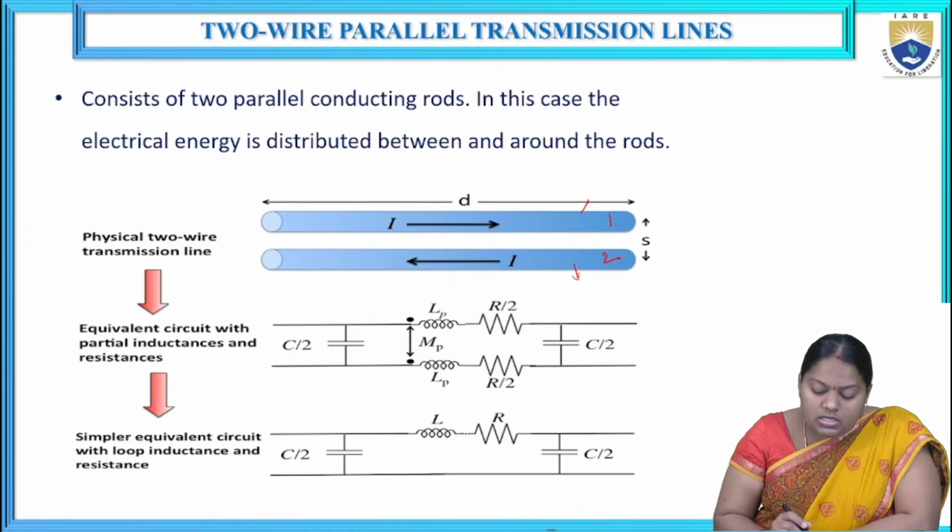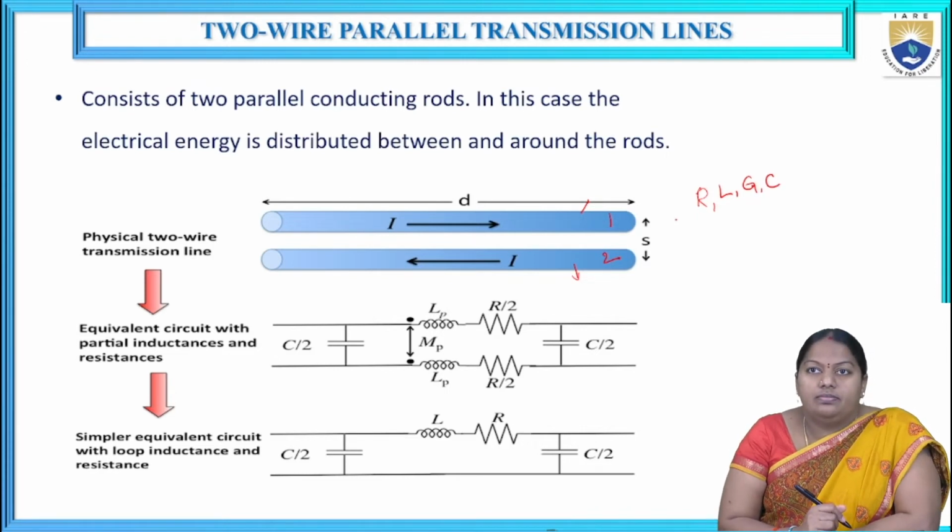The components are capacitance, inductance, resistance and conductance. Basically, there are four fundamental constants, or primary parameters, of transmission lines: resistance R, inductance L, conductance G and capacitance C.